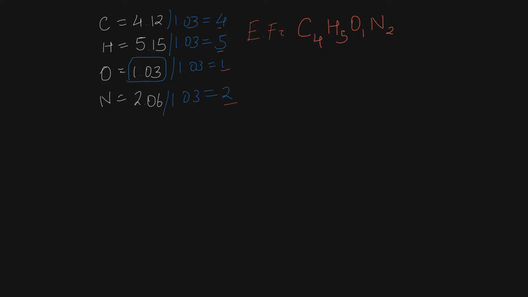This is your empirical formula. Now you will add up all the masses of this empirical formula and you will find its empirical mass. So you will do C times 4, H times 5, O times 1, and N times 2. Go ahead and pause the video and find out its answer.